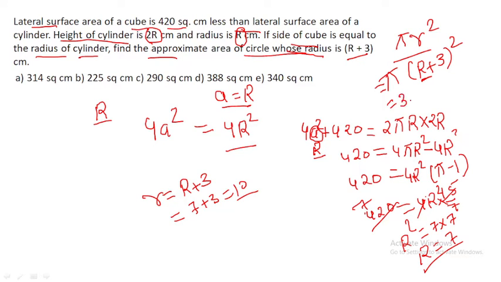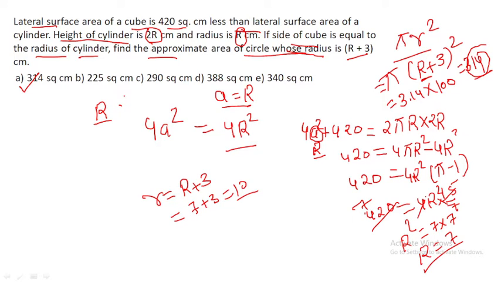The value of pi is 3.14 multiplied by (R plus 3), 7 plus 3 is 10, and the square of 10 is 100. So 100 multiplied by 3.14 is equal to 314. I hope you get it, and the area of that circle will be 314 square centimeter, which is available in our given options. Yes, in option A. That is our correct answer.